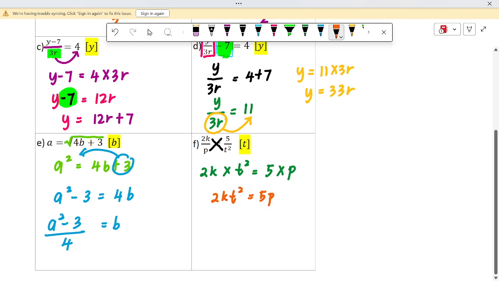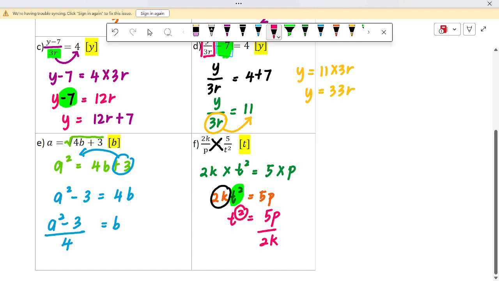Next step, our subject here is t, so we are going to remain t square here. Let's remove other than t square, which is your 2k. The relationship of 2k and t square is times, so when you shift, it will become divide by 2k.